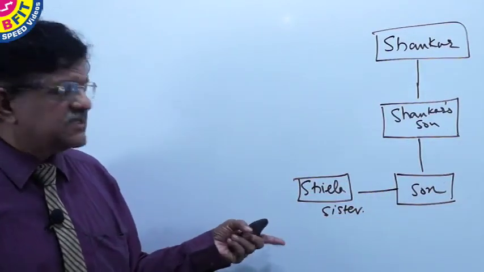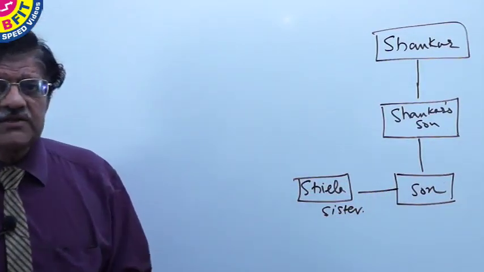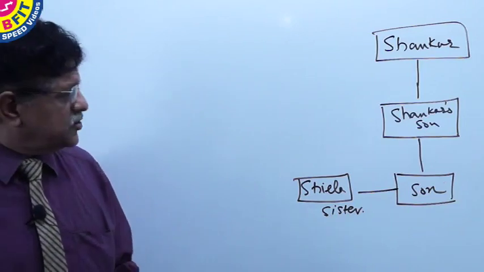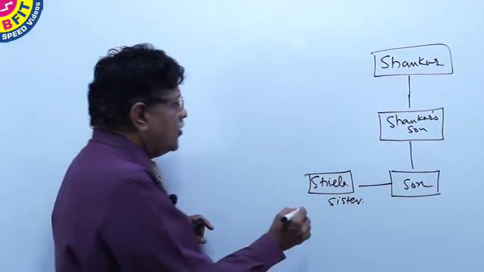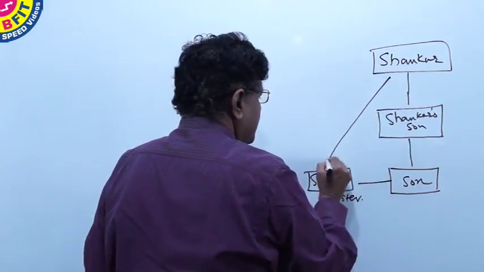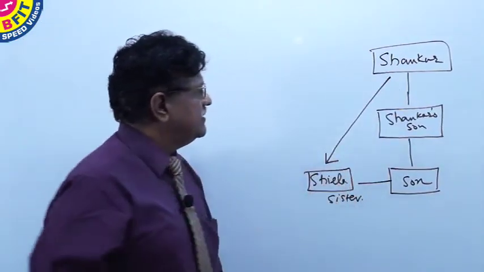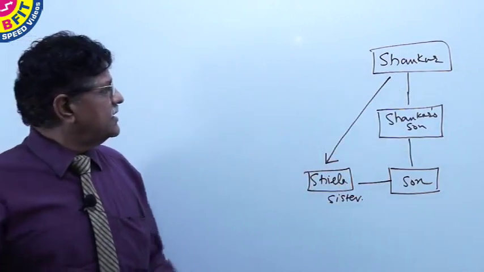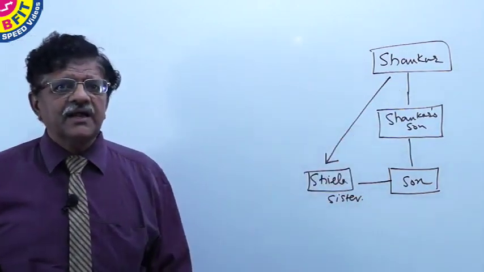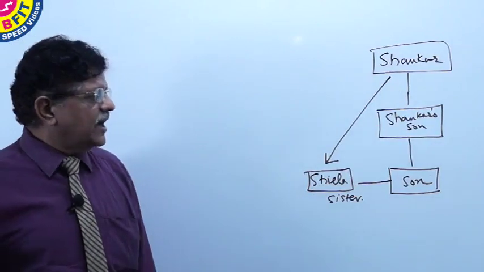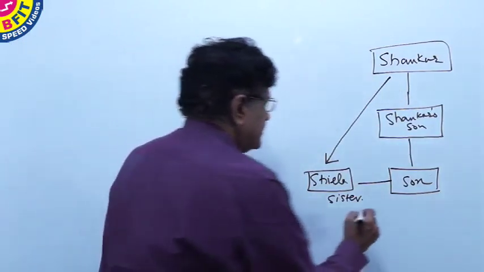Now we have drawn the picture. Now what is the question? How is Sheila related to Shankar? How Sheila will be called by Shankar? Son's daughter. How she will be called? She will be called as granddaughter.